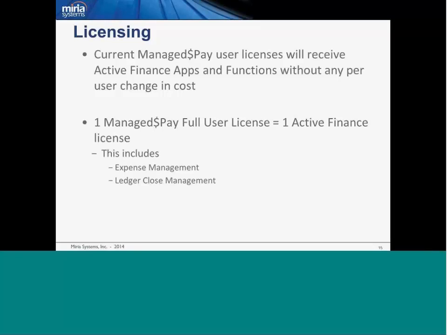It's one user in ManagedPay equals one user in Active Finance, and Active Finance now will include travel and expense and the ledger close management as part of that. Now, if you move to travel expenses, you might need to add the number of users, of course, but if you've already got a large number of approvers and working through the way many of our customers are, chances are you have no licensing upgrades or updates to change if you make this migration.